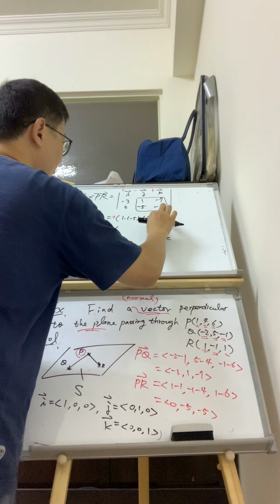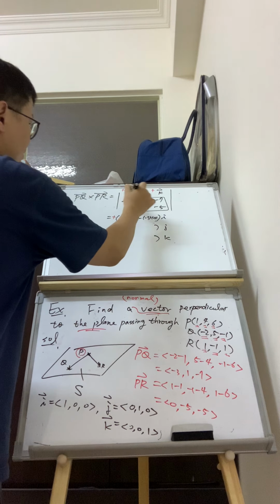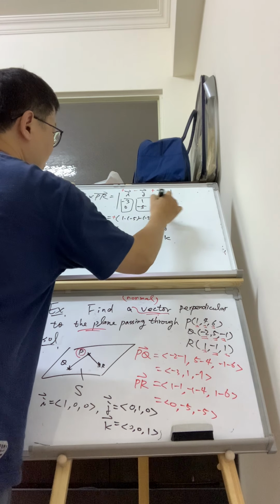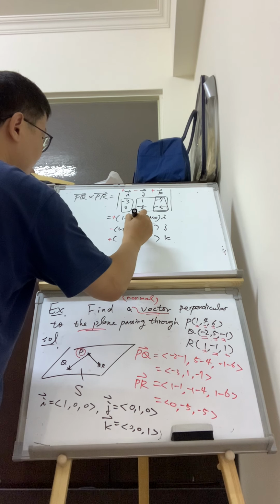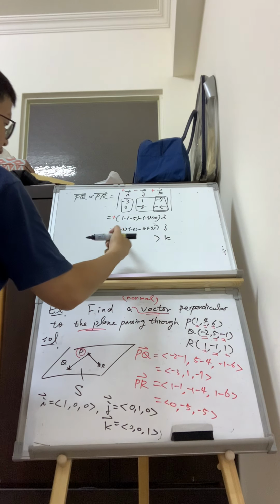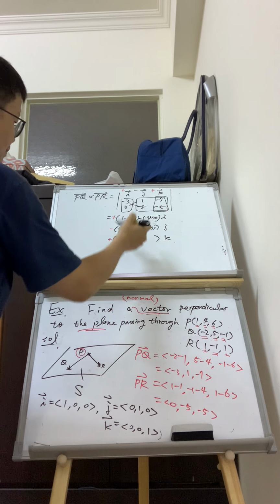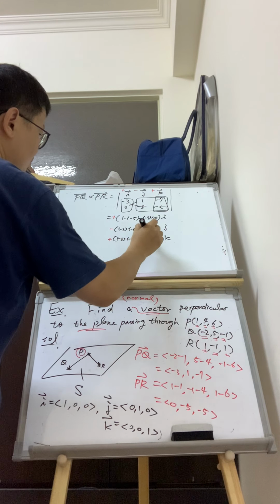For j, we consider these two columns and their determinant: negative 3 times negative 5 subtract 0 times negative 7. And for the last one, the determinant is negative 3 times negative 5 subtract 0 times 1.